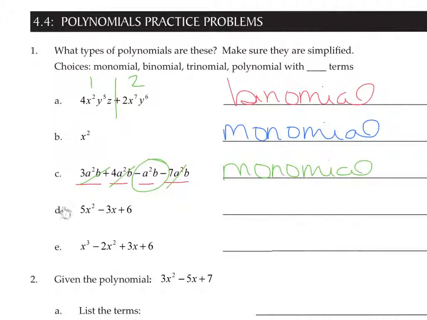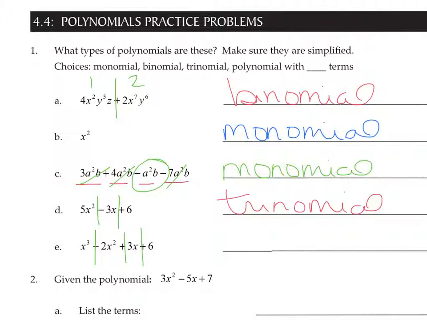In this next example, separate the terms. They are not like terms. There are three terms, so this is a trinomial. In the next question, there are no like terms, so the plus and minus signs separate the terms.